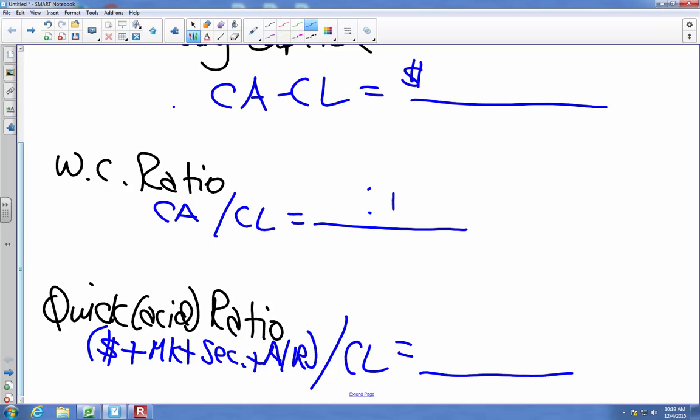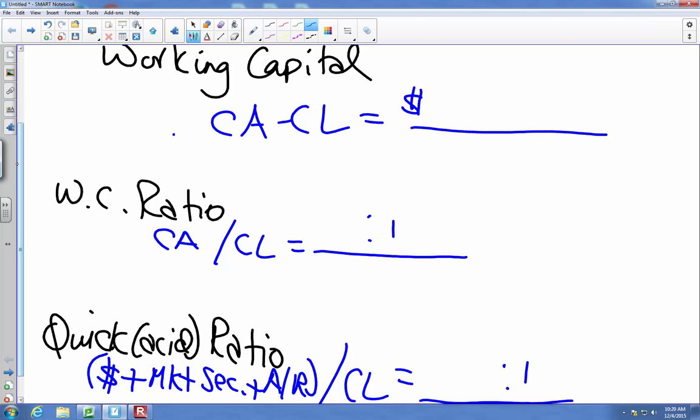And that's also a ratio that, if I'm lending you money, I want to know what's your ability to pay back your debts as they come due. So go ahead and for 2012, please calculate the actual dollar value of working capital and then do your working capital ratio and your asset ratio.